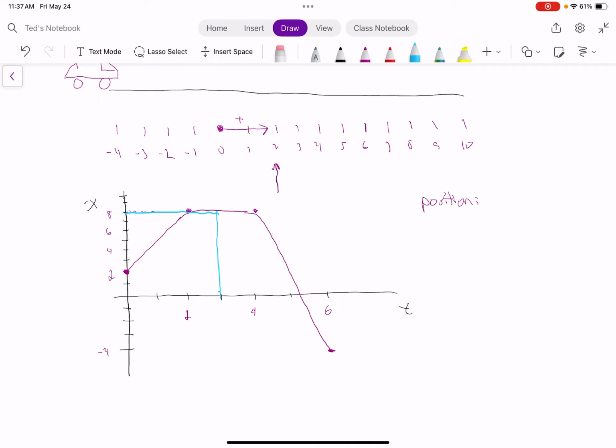Okay, well, what was the position at 1 second? Well, we start at 1 second, we come up to the graph, and we can come over here and see that it was at about 6 meters. Okay, so to get the position of the object, all we have to do is get that directly from the graph.